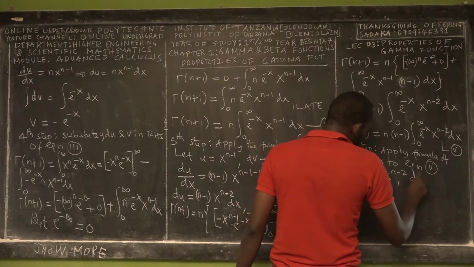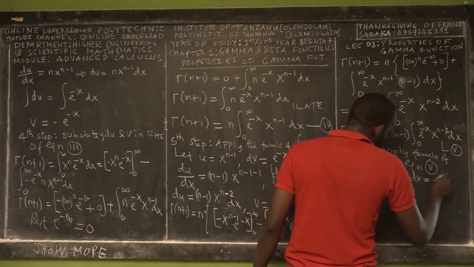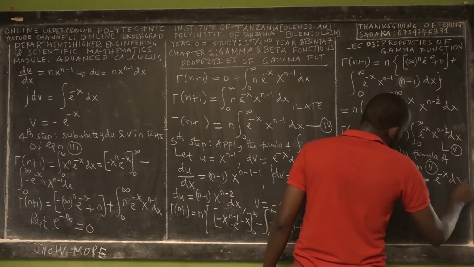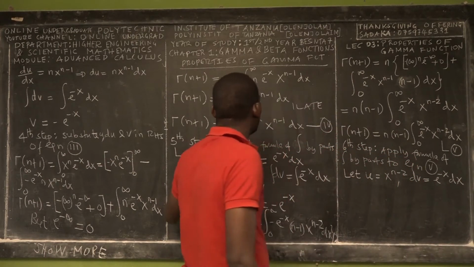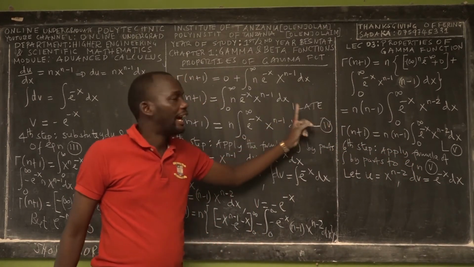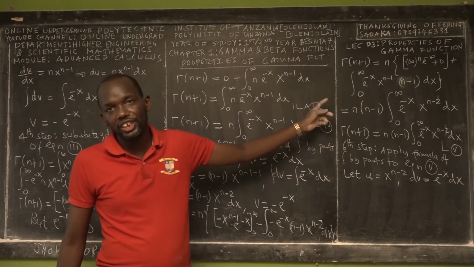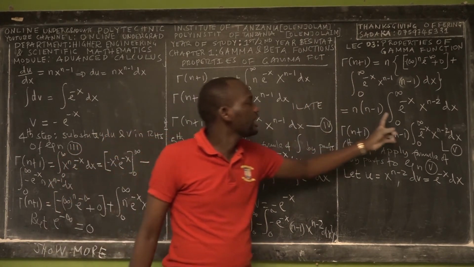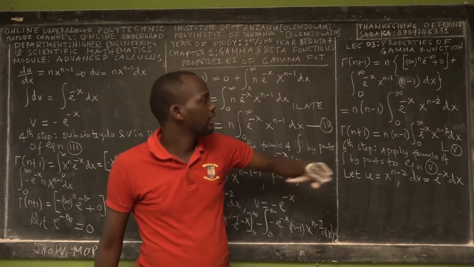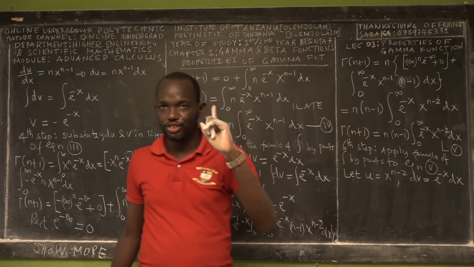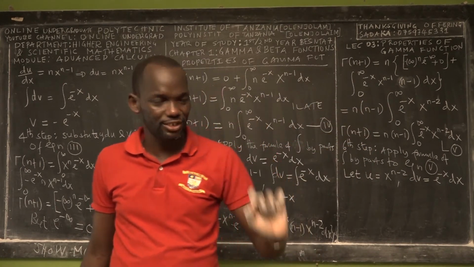And then let dv is equal to e power negative x dx. Remember, we are using the principle of ILATE: inverse, logarithmic, algebraic, trigonometric, exponential. So in this integral, we have two types of function. x power n minus 2 is an algebraic function, so we have to let it be u.